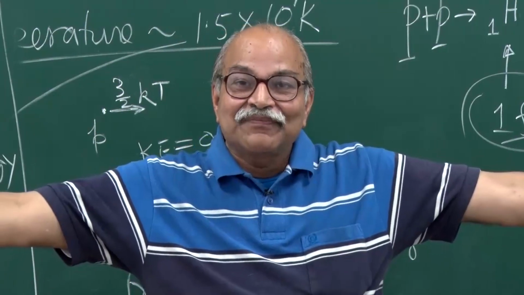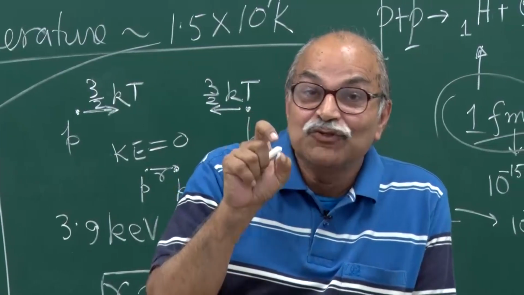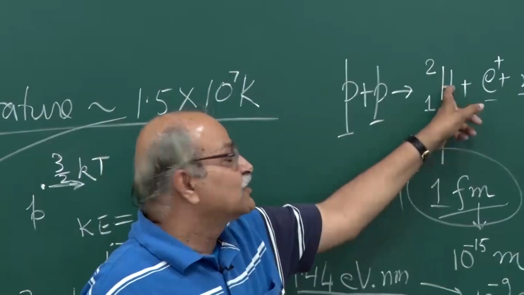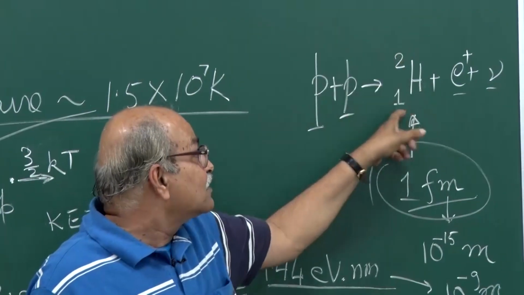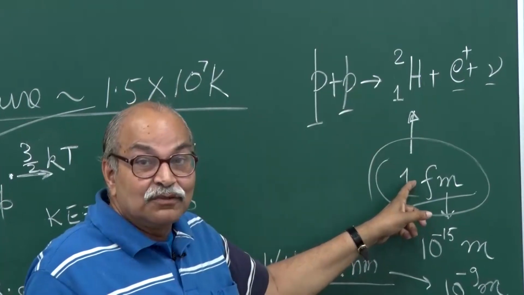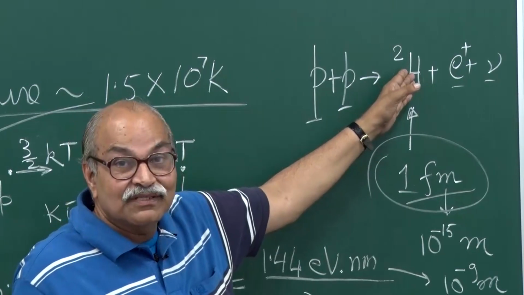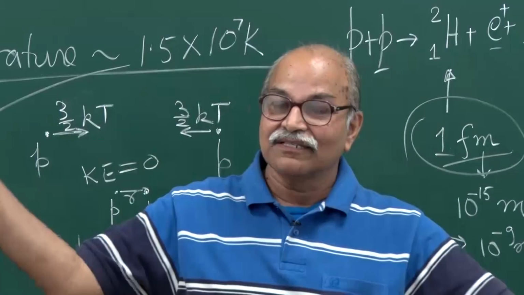But remember, to form a nucleus of these two nucleons, to form this 2H1 deuteron nucleus, they must come close to, let's say, 1 femtometer or less, only then will they form this. And at 400 femtometers itself, they have lost all their velocities.